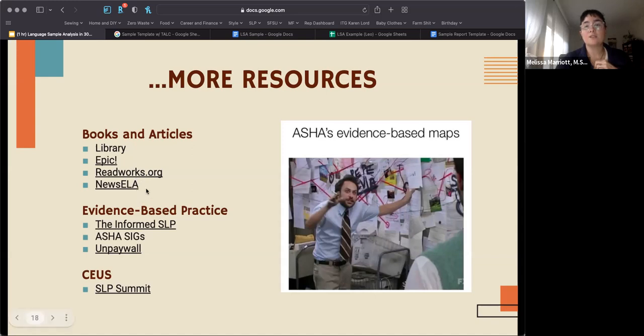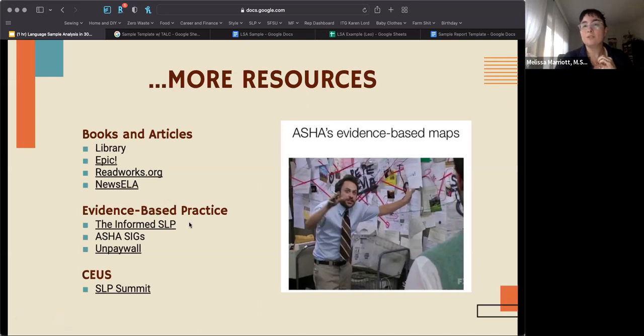ReadWorks and Newsela, or Newsela, I don't know, everybody says it different, are really good places for fiction and also nonfiction articles for, again, eliciting either narrative language samples, or I've used the Newsela for persuasive language samples. I find a kind of hot topic sort of debate article, and then have a student express their opinion about whatever the topic is.